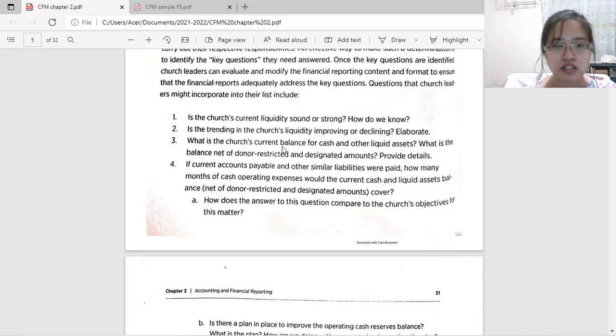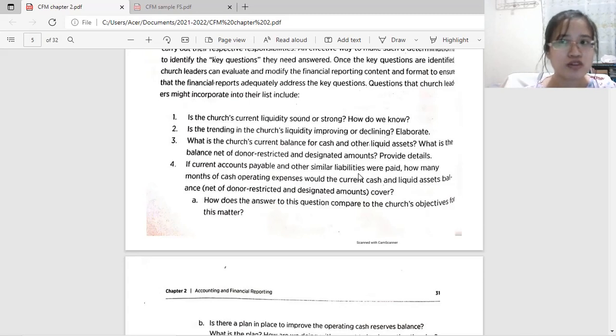Next, what is the current balance for cash and other liquid assets? What is the balance net of donor restricted and designated amounts? Okay, provide details. So, for example, on the financial statement, we can see that the church has a lot of cash.